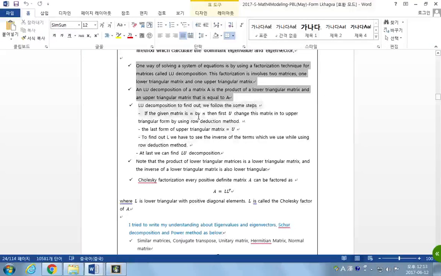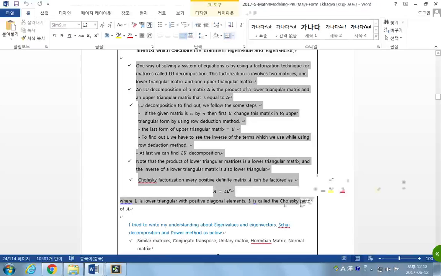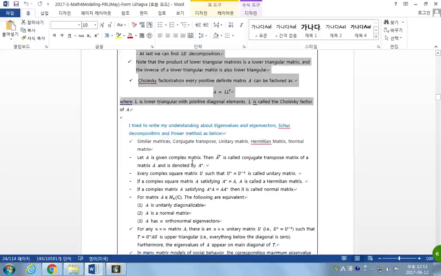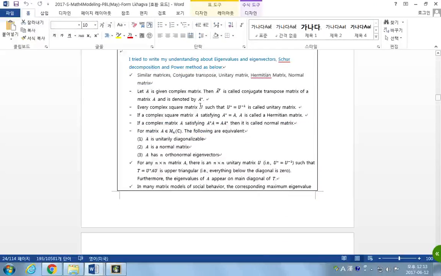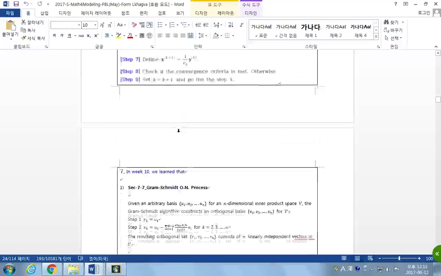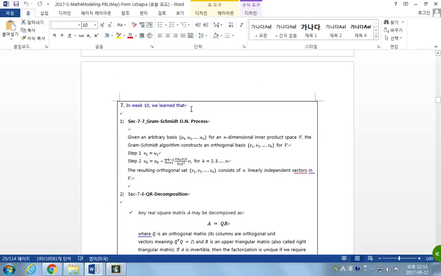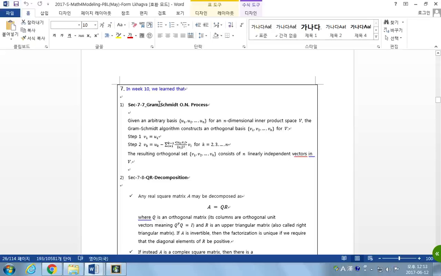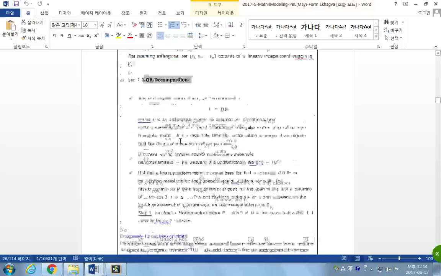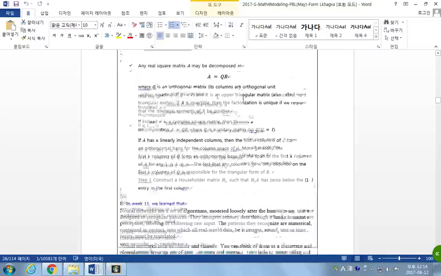Here are some concepts of the power method, and in 10th week we learned Gram-Schmidt process, normal processes, and QR decomposition. And here I also summarized.